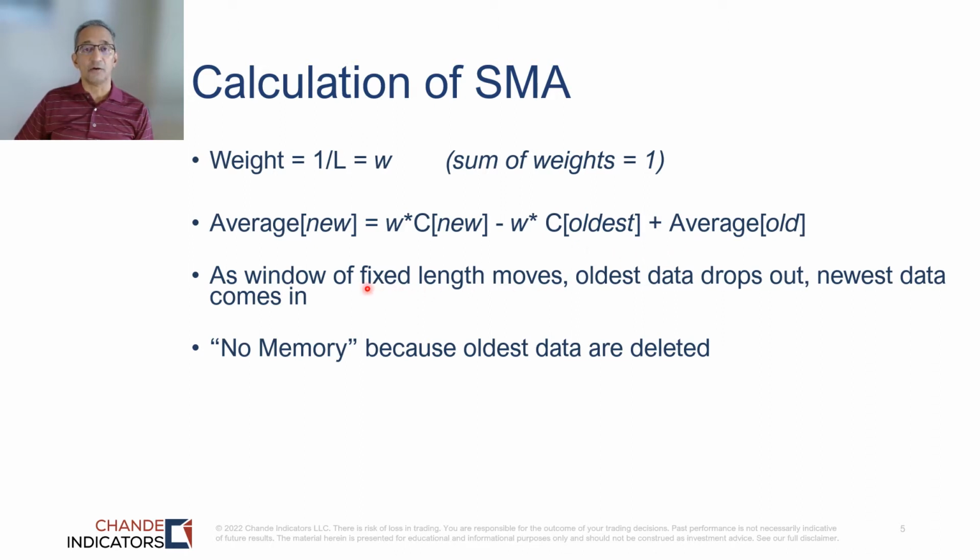So as the window of fixed length moves, the oldest data drops out and the newest data come in. So for this reason, the simple moving average has no memory because the oldest data are physically deleted from the calculation. And that's a very important feature of SMA.